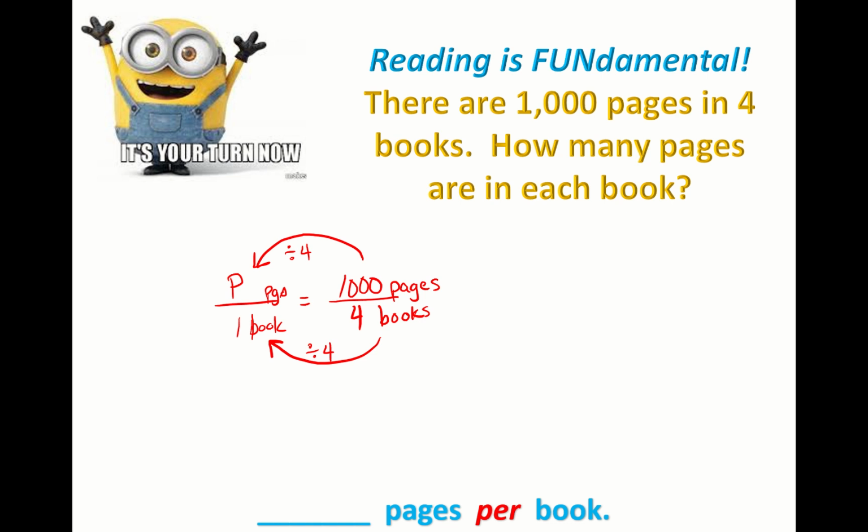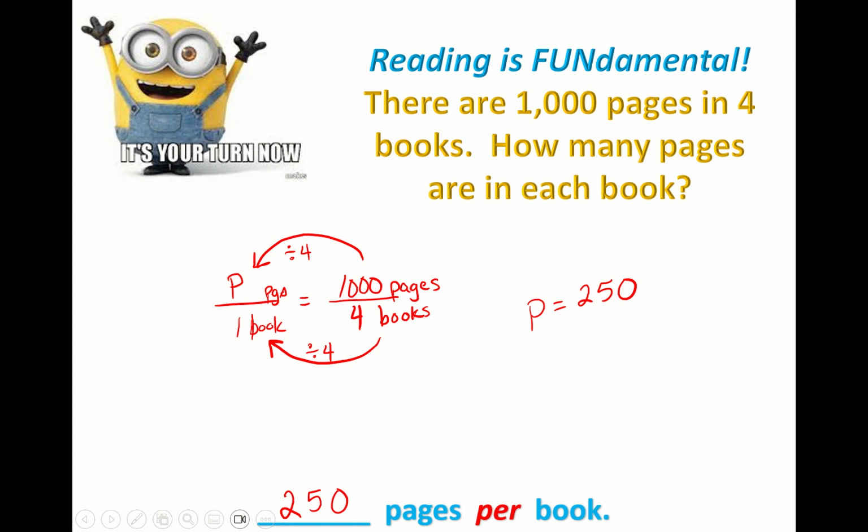Some of you might have done this quickly in your head, but just in case, you can toss in your calculator 1,000 divided by 4. And that means that P for pages equals 250. So we are saying that there are 250 pages per book.